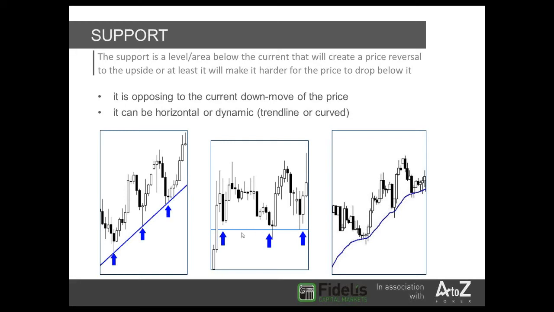You will also have, and this is very important, horizontal support, which is a fixed support at a fixed price level. And you can have a support offered by some indicators, like a moving average, as you can see here in the third example.